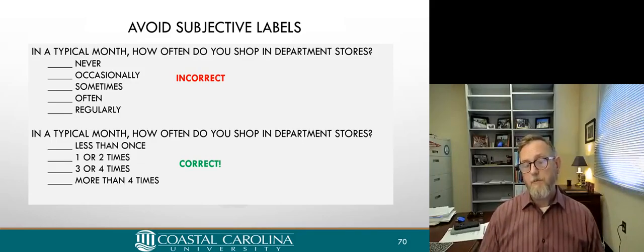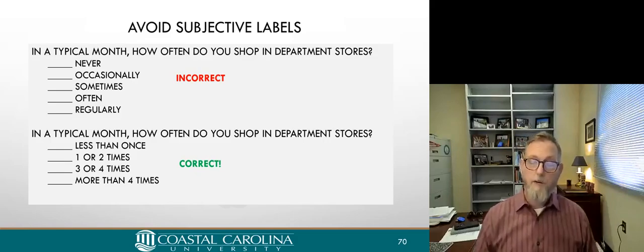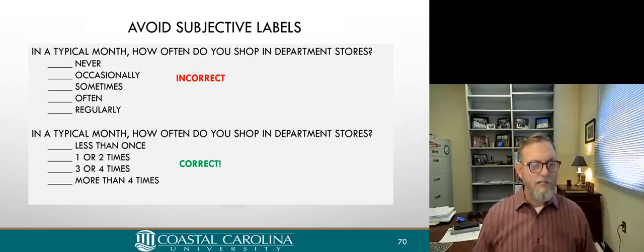Now this clarifies and provides very objective definitions for each of the different options to choose and takes subjectivity out of the matter. So it's a better scale, right? It's a better way to collect data than using never, occasionally, sometimes, often, or regularly, only because we can't always agree on what those terms mean.